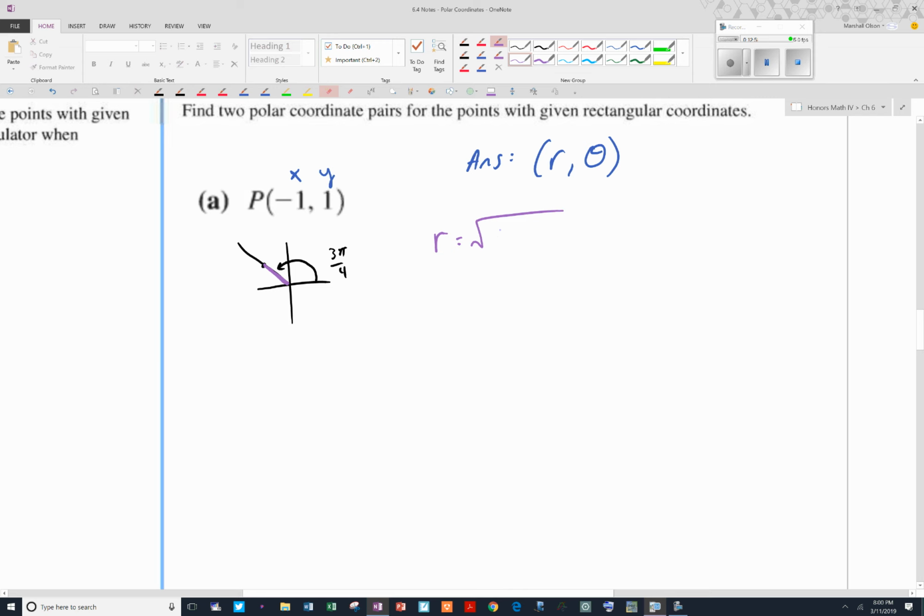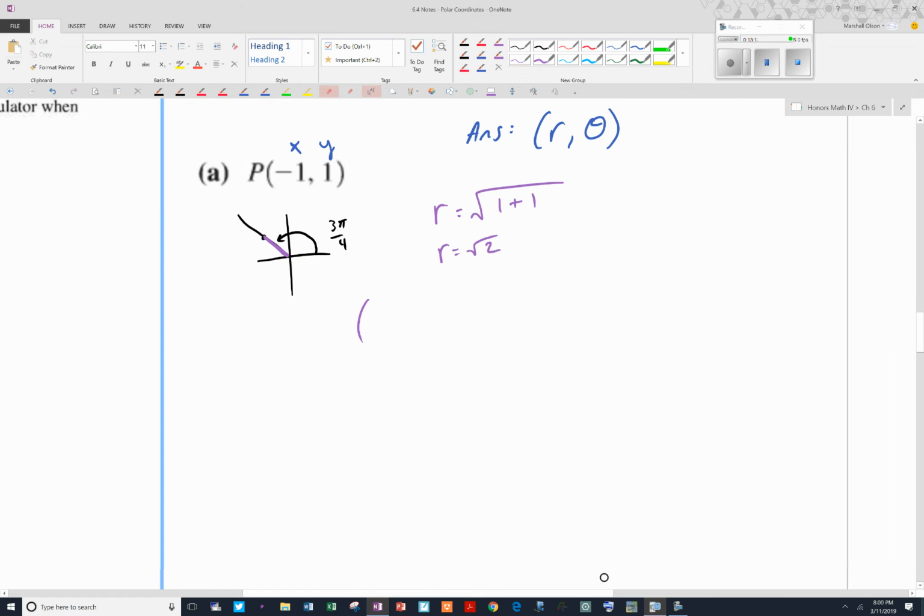So we've got the square root of 1 plus 1. So r is just going to be the square root of 2. So we know that the radius here is square root of 2, and our theta is 3 pi over 4.